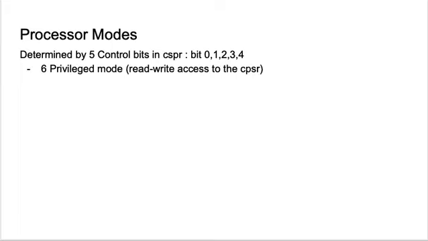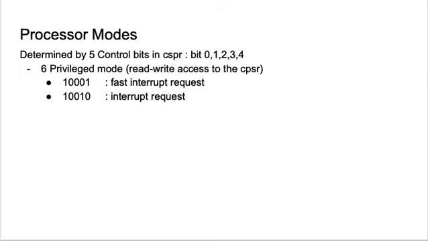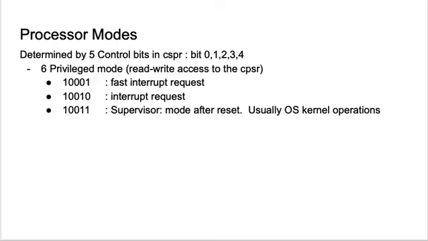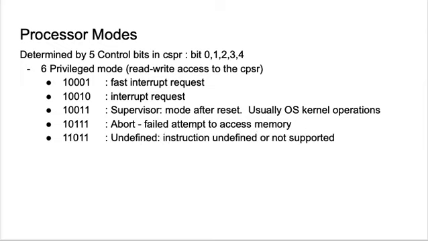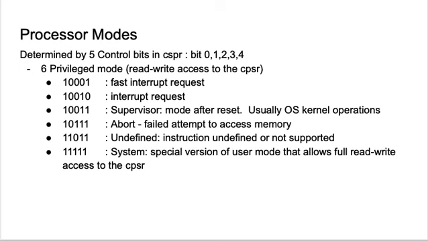For processor modes, which are determined by the 5 bits from 0 to 4, we have seen that there are 6 privileged modes, and these can be enumerated using the combination of the 5 bits as fast interrupt request, which is 10001, and interrupt request, which is 10010.